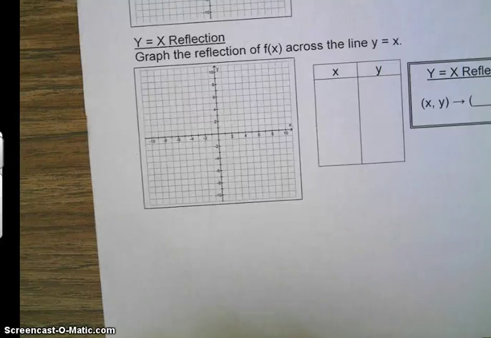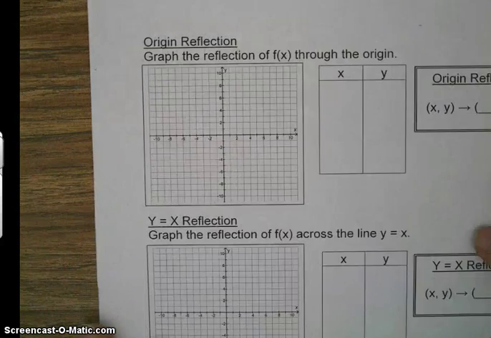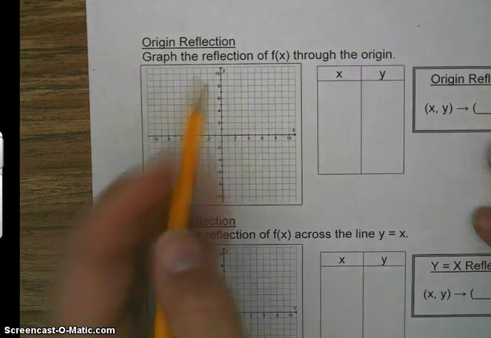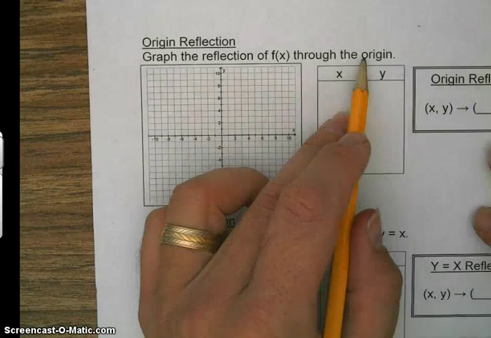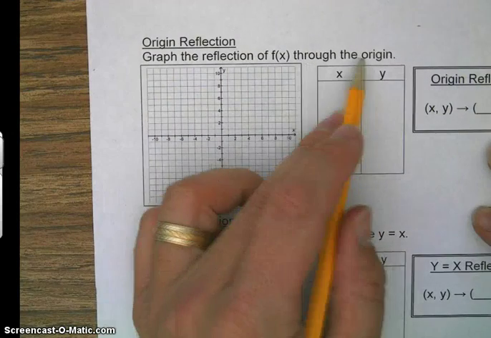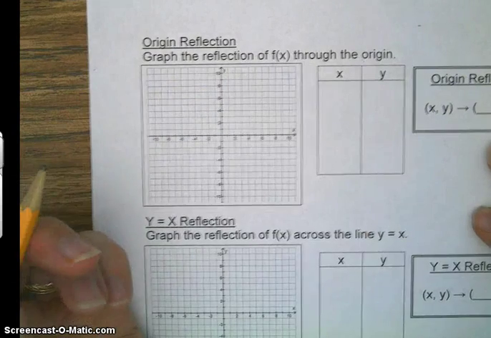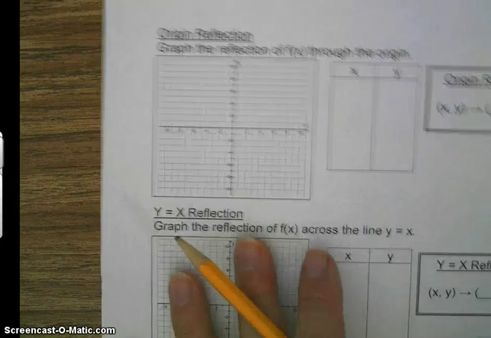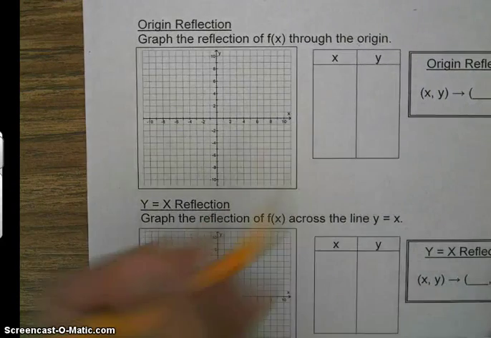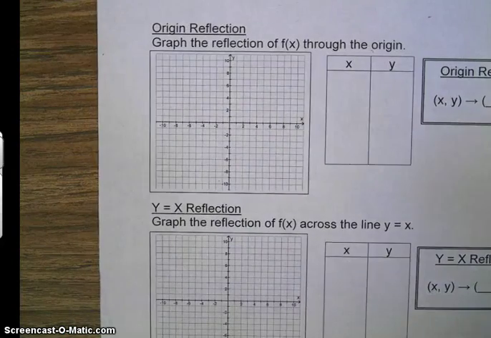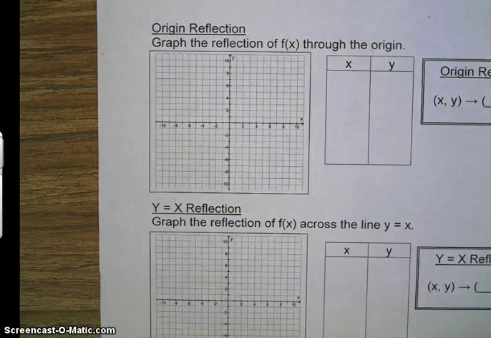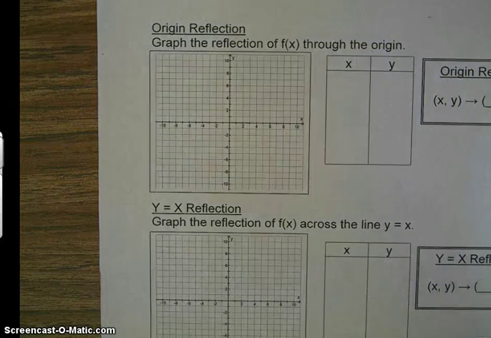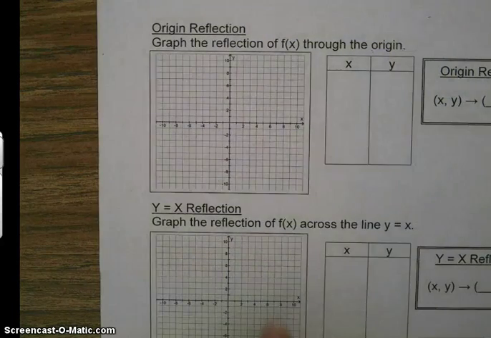Okay, next reflection. Reflecting across the origin, or reflecting through the origin. So when we do a reflection through the origin, what happens is the x and the y coordinates will change their sign.